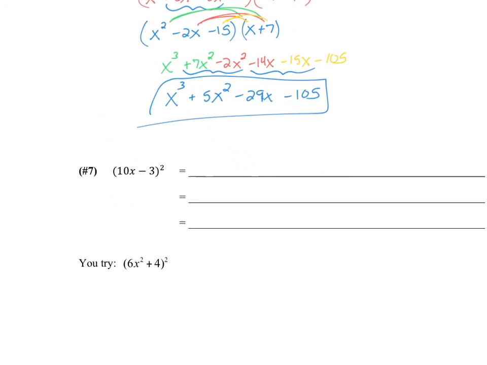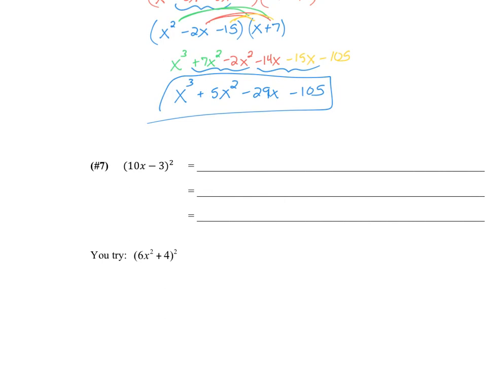Okay, and then the last one I want to show you is when we have something squared, like 10x minus 3 squared, we actually have to write that out as 10x minus 3 times 10x minus 3. And then we FOIL. 10x times 10x is 100x squared. 10x times negative 3, oops, I don't know why I put parentheses there.